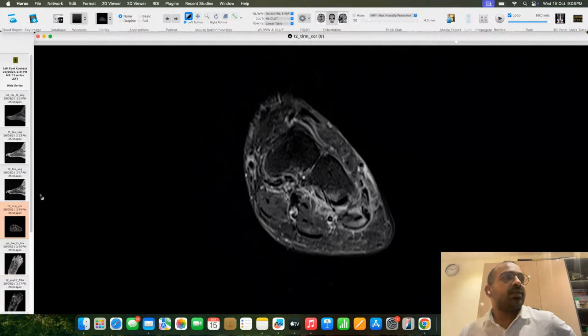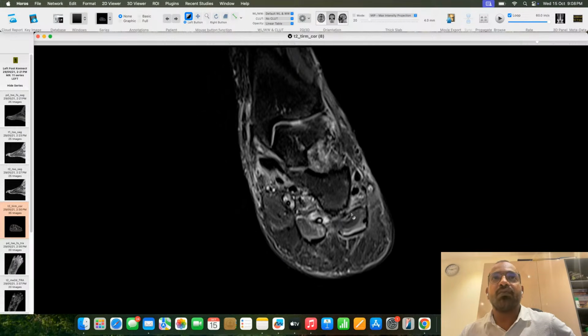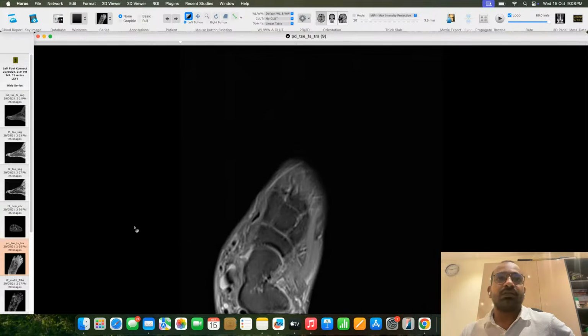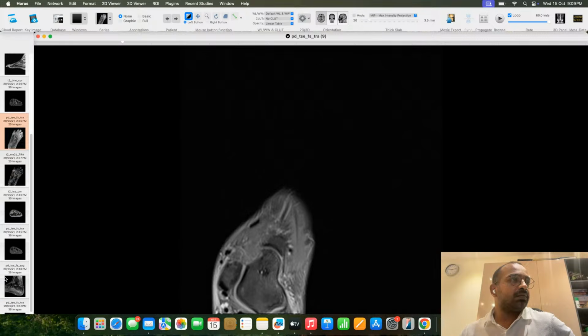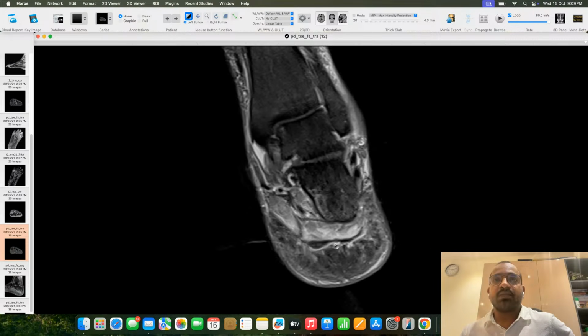So pain is there in the plantar aspect of the foot. If you see, the inflammation is there more towards the plantar aspect of the hind foot. The straight case, actually, you can see here.